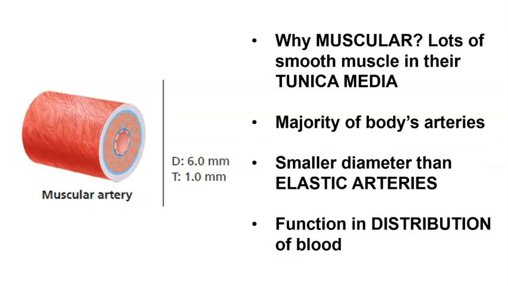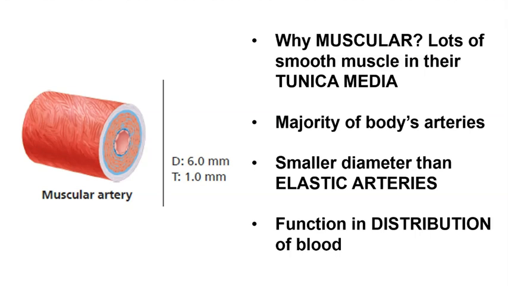Next, we have the muscular arteries. They are called muscular because they have a large proportion of smooth muscle in their tunica media. Most of the body's arteries are muscular arteries. The muscular arteries are not as stretchy as elastic arteries, so they do not function as pressure reservoirs.